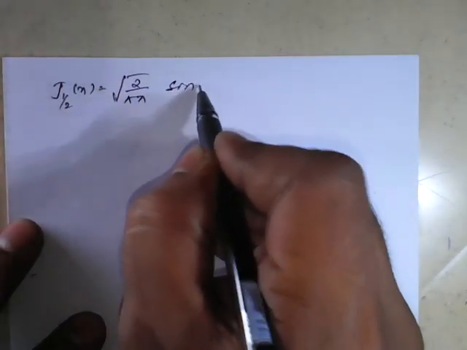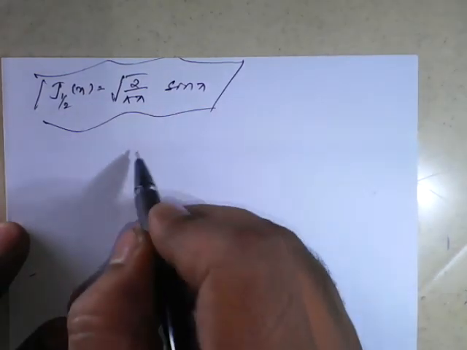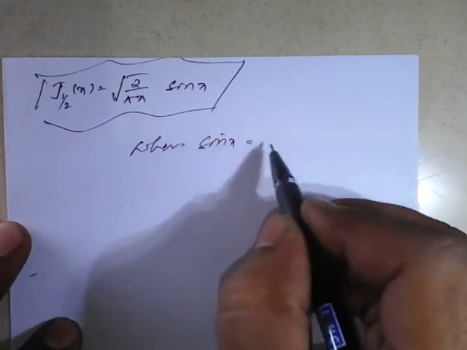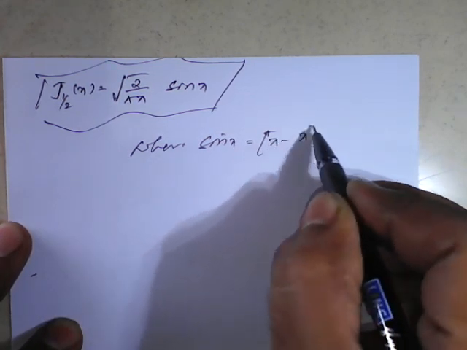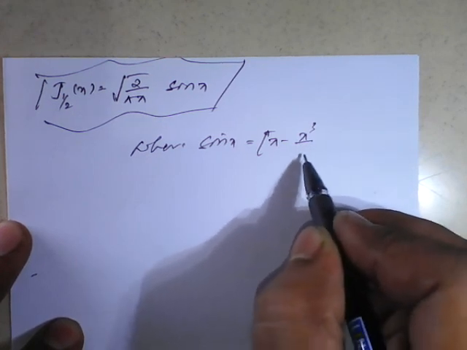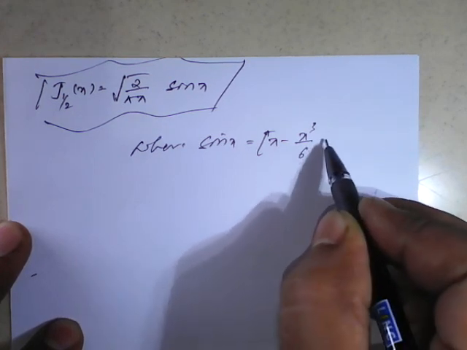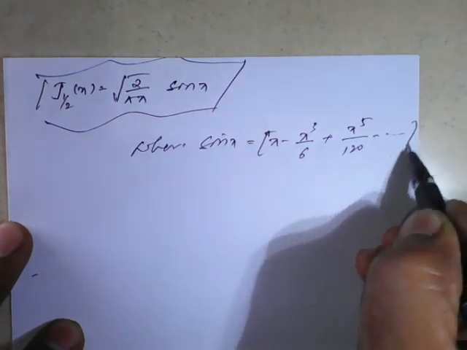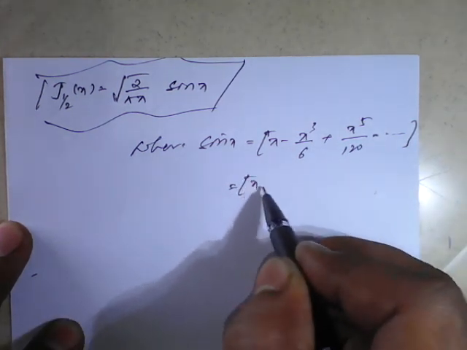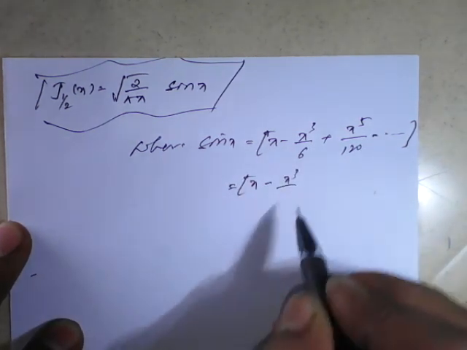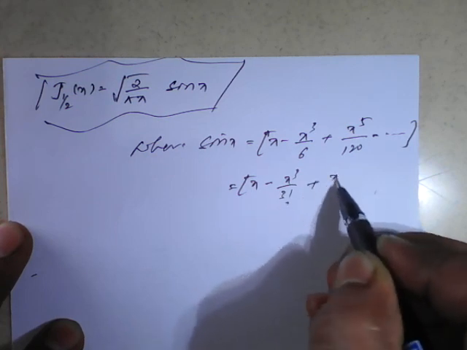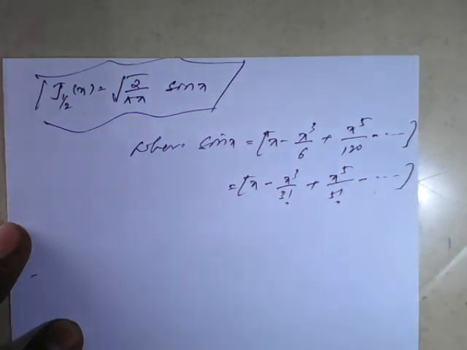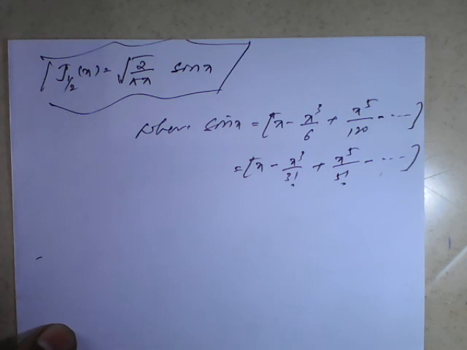So I will write it as sine x, where sine x is nothing but x minus x cube upon 6 plus x raised to 5 upon 120 minus so on, or this may be x minus x cube upon 3 factorial, since 6 can be written as 3 factorial, x raised to 5 upon 5 factorial, since 120 can be written as 5 factorial, minus so on. So in this way the first result is completed.